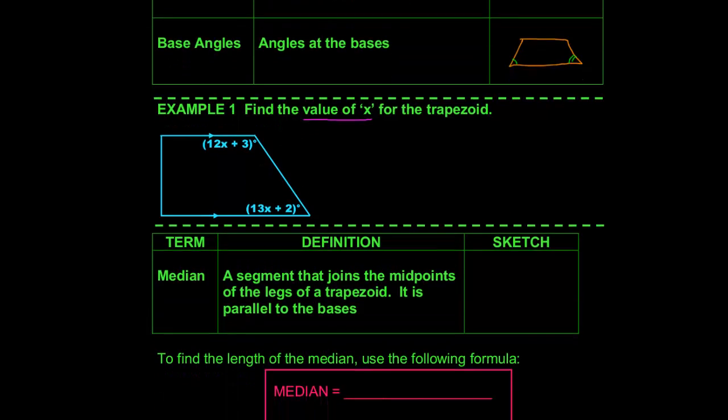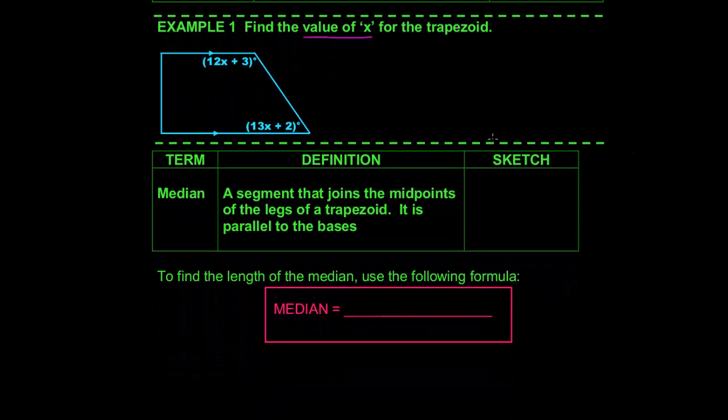Defining a quadrilateral will tell us that these angles equal 180. If y'all go back in your notes, you can look at that. All of our quadrilaterals have angles that add up to 180.